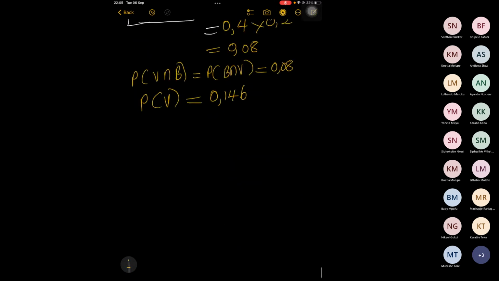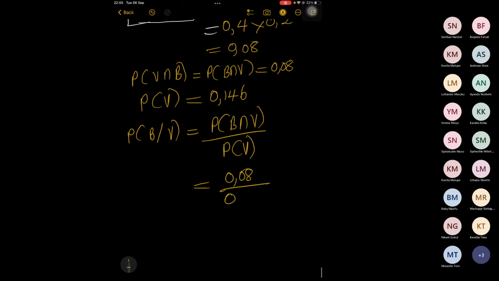So your probability of B given V is going to be equal to probability of B intersection V over probability of V. Then it's going to be 0.08 divided by 0.146, which is 0.547945 and so on.